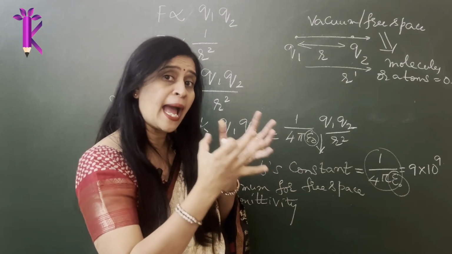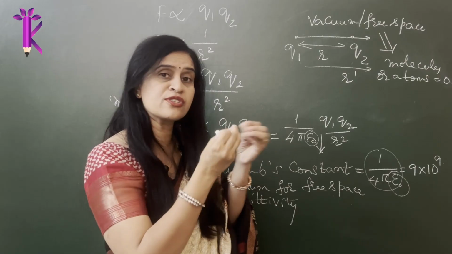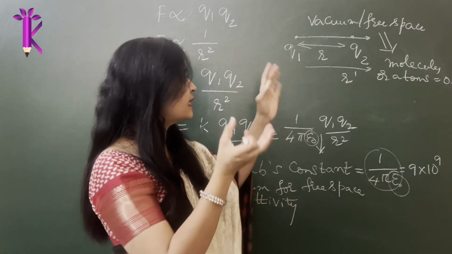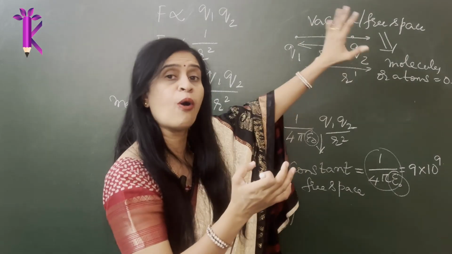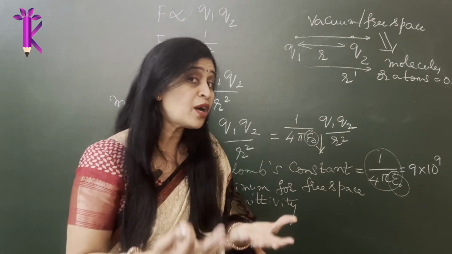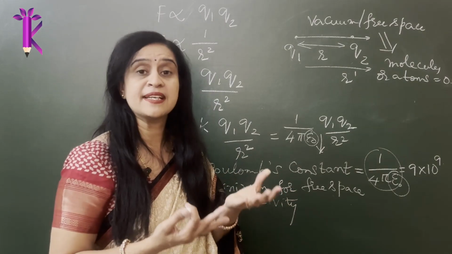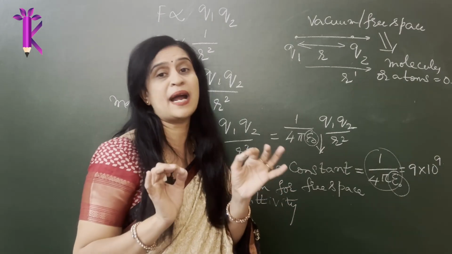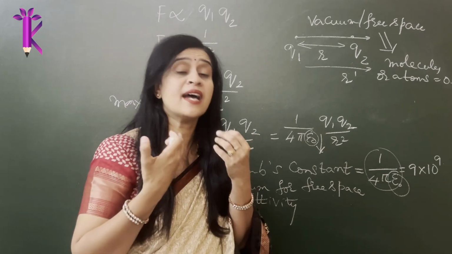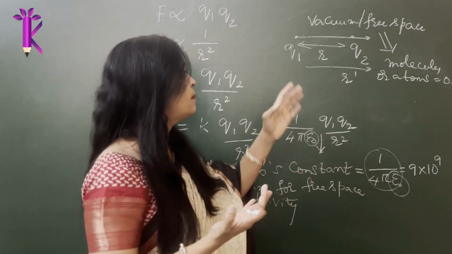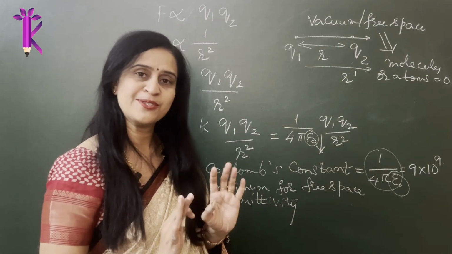That ability of the medium, where a number of molecules, atoms or nuclei interact with Q1 before it interacts with Q2, is what we refer to as the permittivity of a particular medium. The term might seem scary, but when you understand what it does to the force exerted by Q1 on Q2, it is absolutely simple to understand.